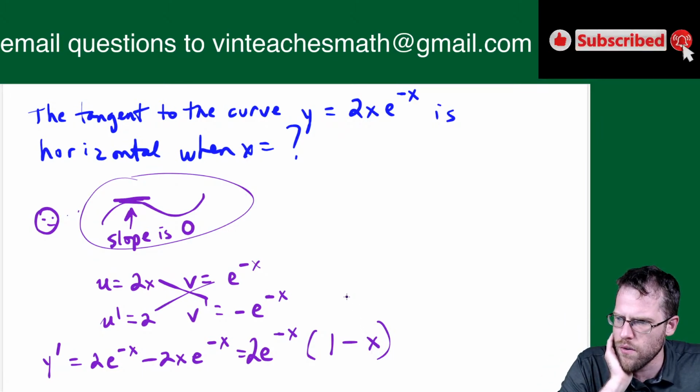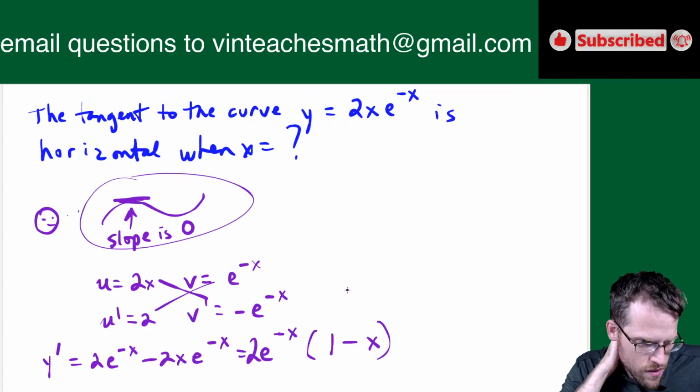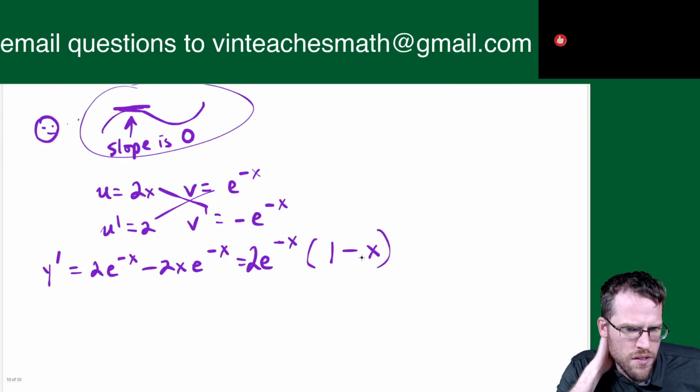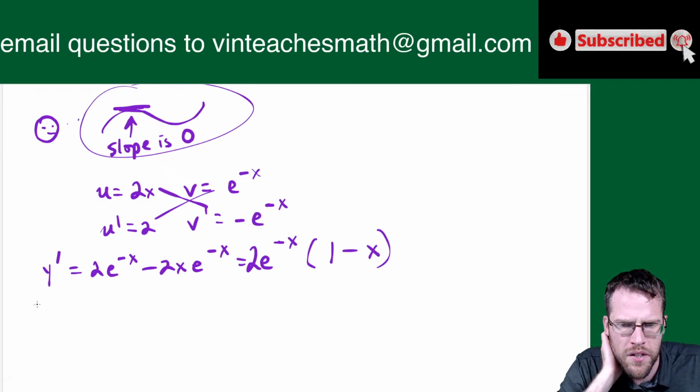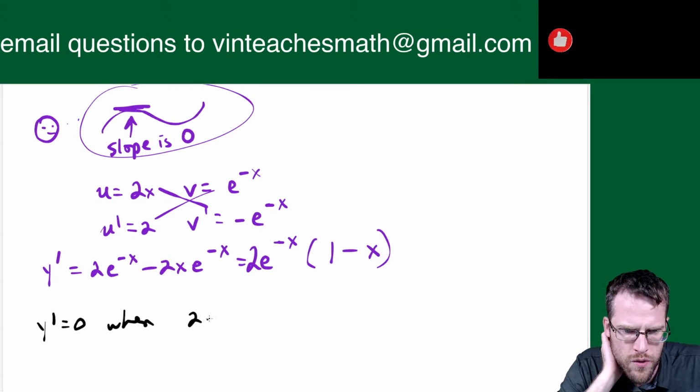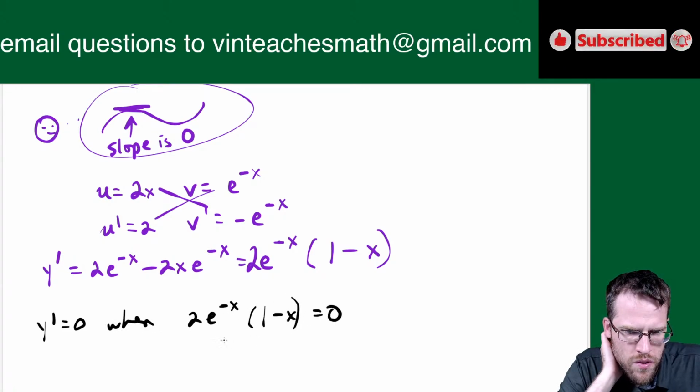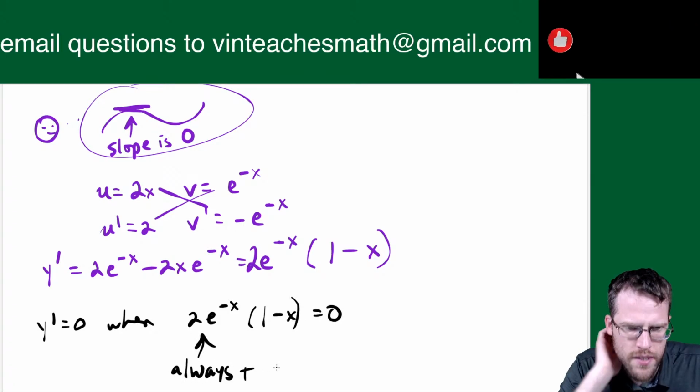Now, for this, we want to find out when is the slope equal to 0. So from here, y prime is equal to 0 when 2e to the minus x times 1 minus x equals 0. This is always positive, so that's not going to give us a root.